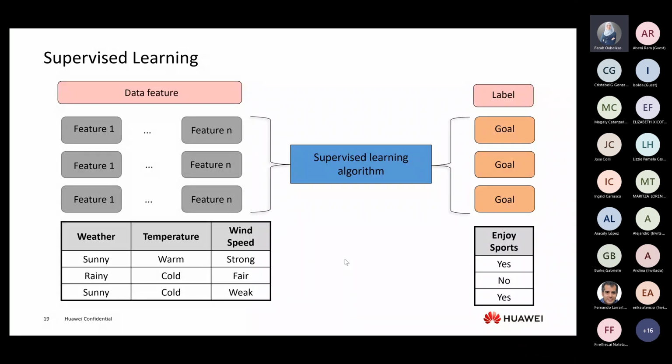So this is an example of supervised learning. First of all, we start by collecting the facts we're going to teach, and we do this by collecting as much data as we need.